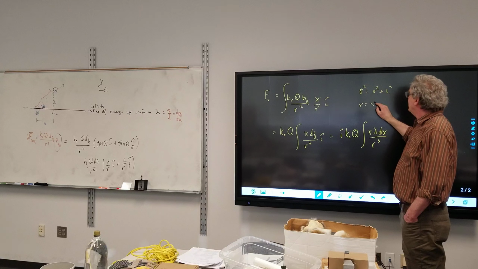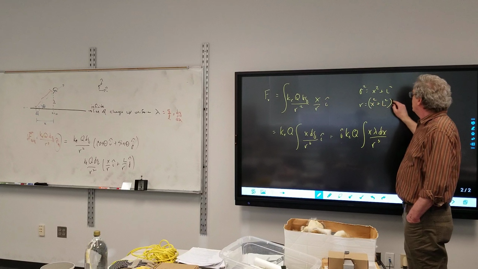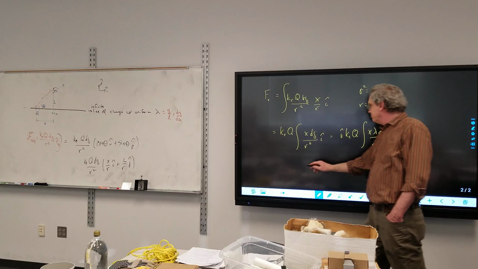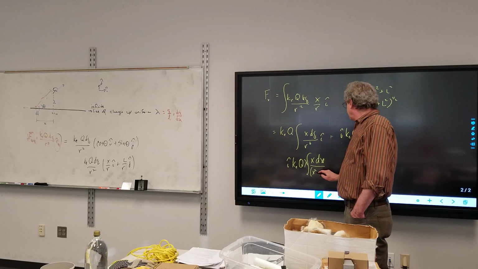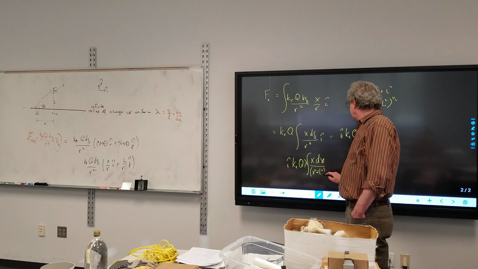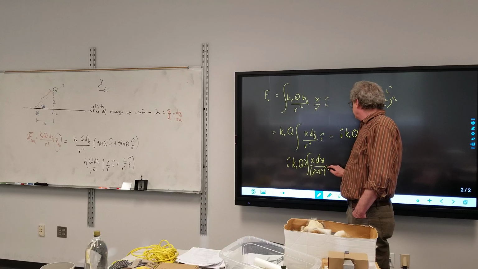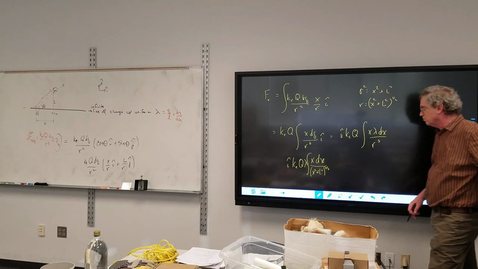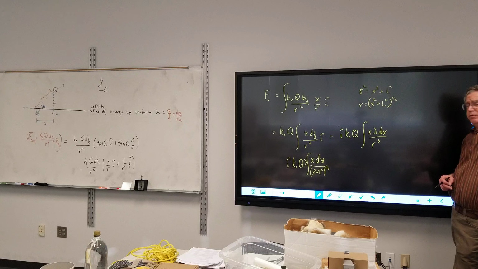So r is x squared plus L squared to the 1/2. Plug that in. We get i hat k e Q integral x, I bring the lambda out also, dx over x squared plus L squared to the 3/2. It's a 3 there. And now we have it in terms of a single variable.